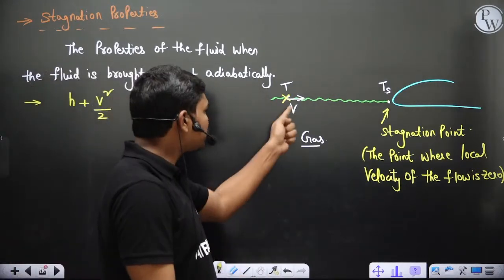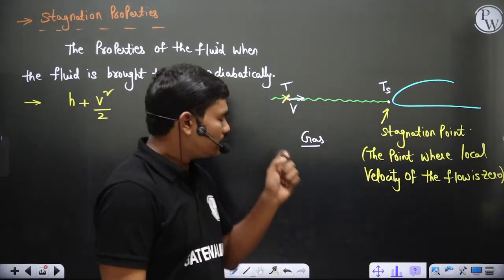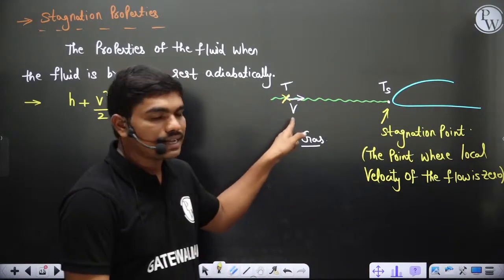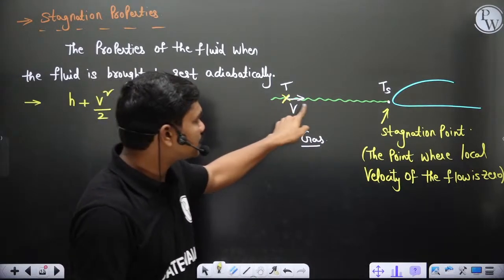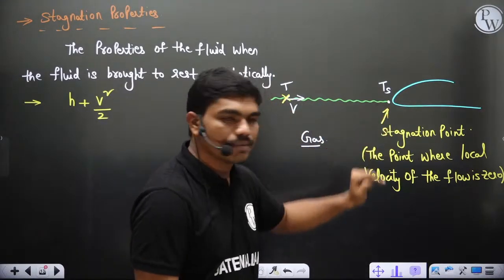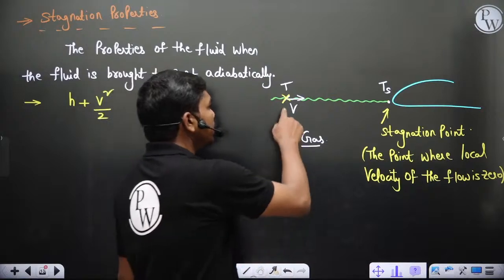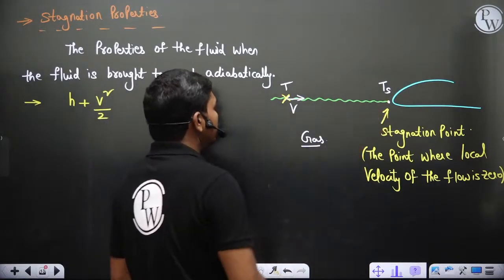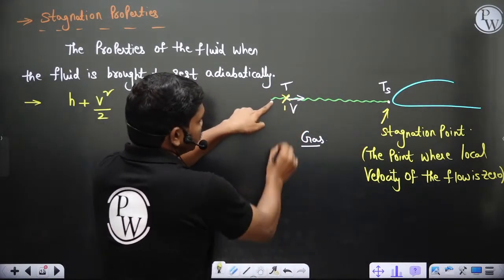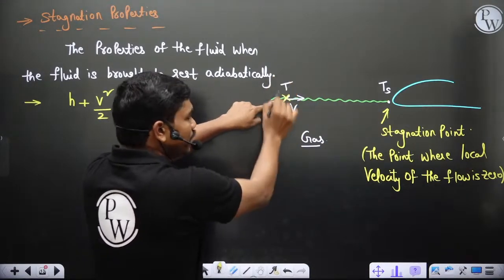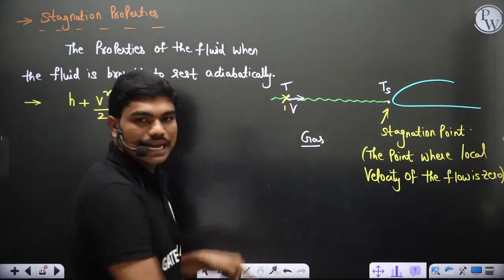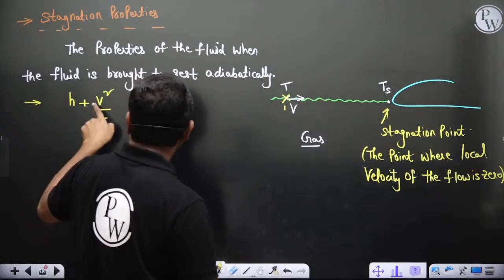If there is a particle at temperature capital T, and this particle is moving at a velocity capital V, then if you bring this to rest adiabatically, at point 1 the energy available with the fluid particle is, because of this temperature, some enthalpy, and because of this velocity some kinetic energy, which is H plus V square by 2.